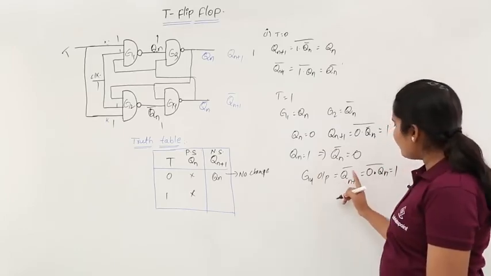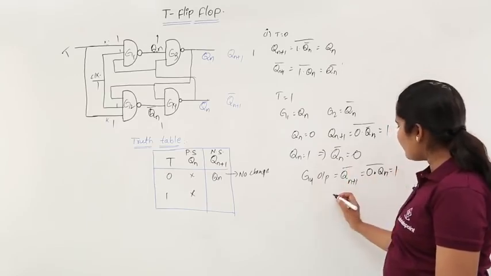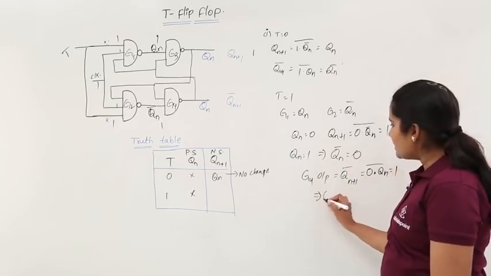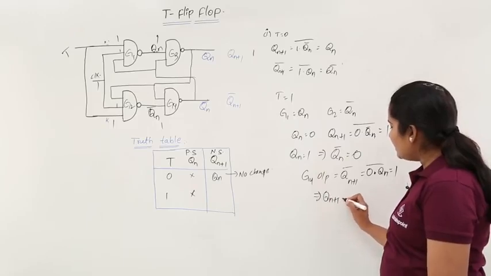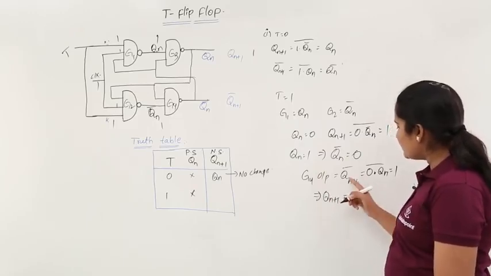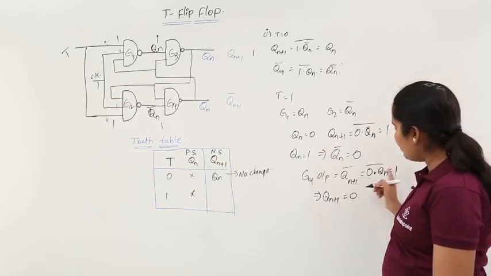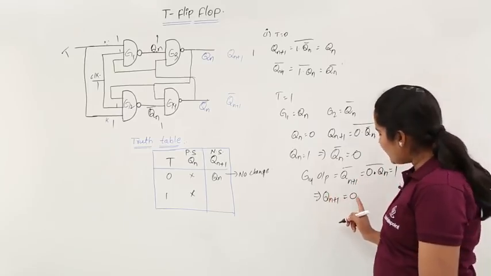That means Qn plus 1 bar you are getting as 1, so that implies Qn plus 1 you are getting 0.